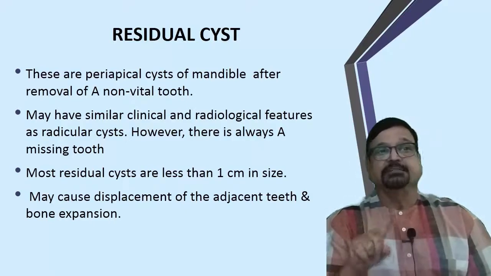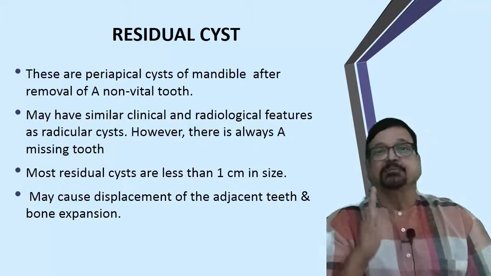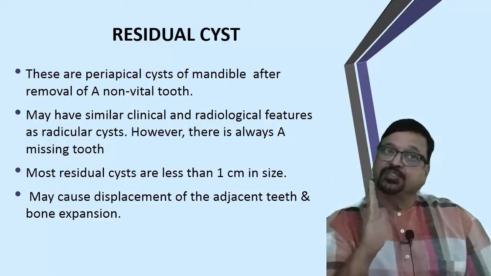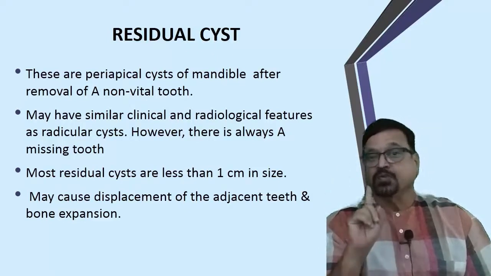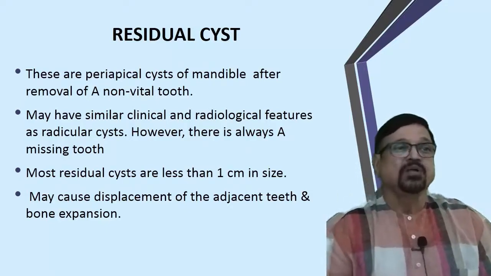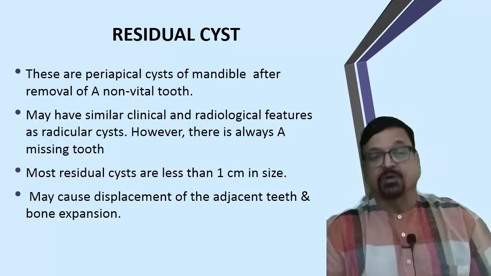However, there is always a missing tooth. A radiologist knows both can look alike, but the history and the surrounding findings will differentiate these two. In residual cyst, you will not find a tooth that is extracted. Now, it may cause displacement of the adjacent teeth, or it may cause expansion.